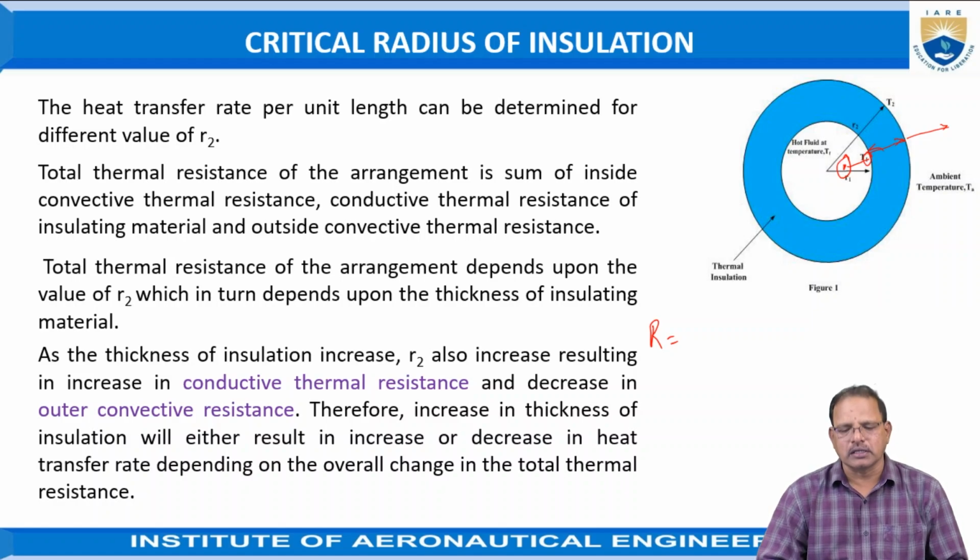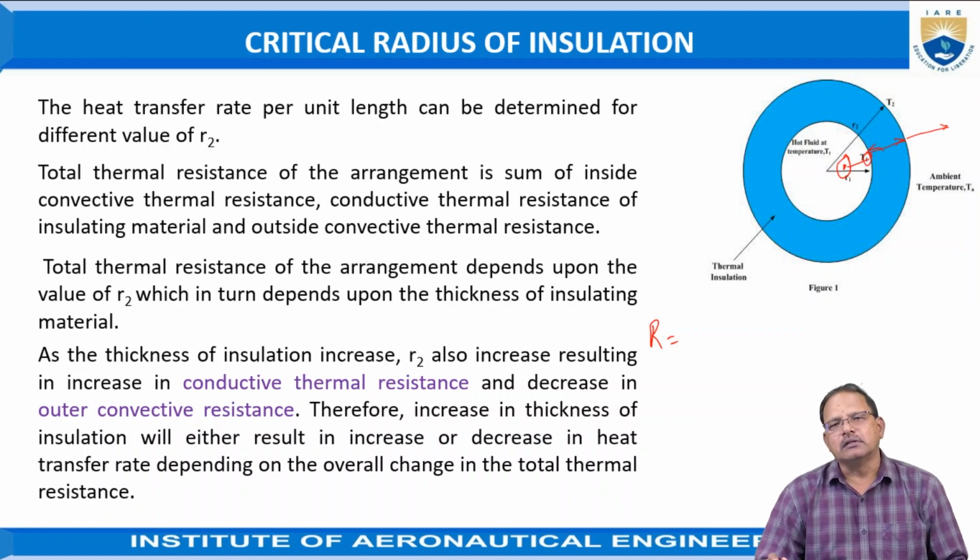Therefore, increasing the thickness of the insulation will result in either an increase or decrease in heat transfer rate, depending on the overall change in thermal resistance. Because of the presence of insulating material, it prevents the flow of energy by conduction, but at the same time the magnitude of heat energy flowing from inside to outside increases due to the convection process.